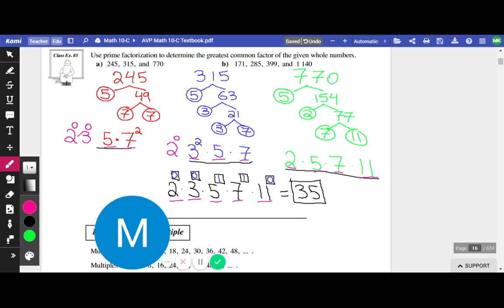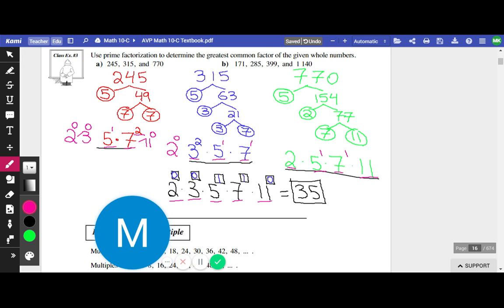If we look for 5, we have 5 to the power of 1, 5 to the power of 1, and 5 to the power of 1. So the lowest exponent I used was a 1. For 7, I have 7 to the power of 2, 7 to the power of 1, 7 to the power of 1. So the lowest exponent I saw was 7 to the power of 1. And then there was only one of the trees with an 11. These guys were missing the 11. So they're technically 11 to the 0.